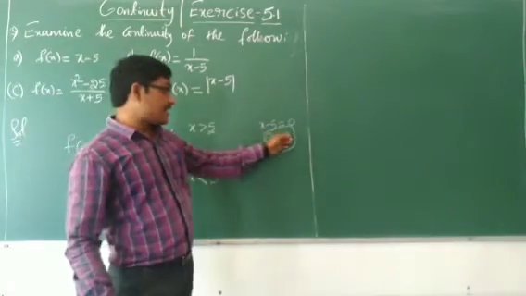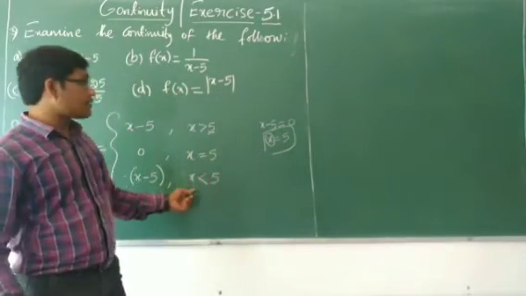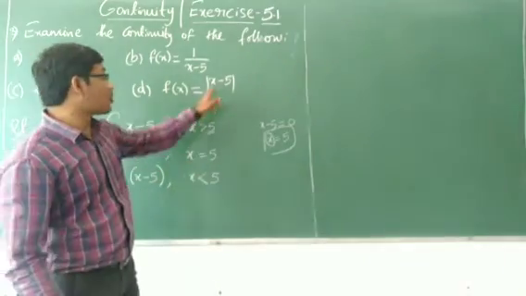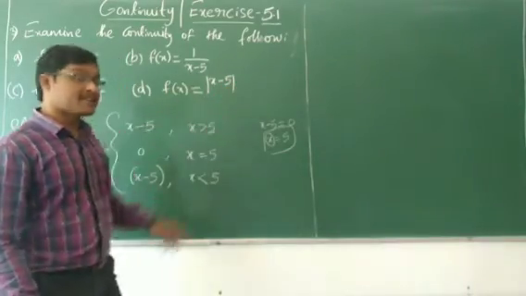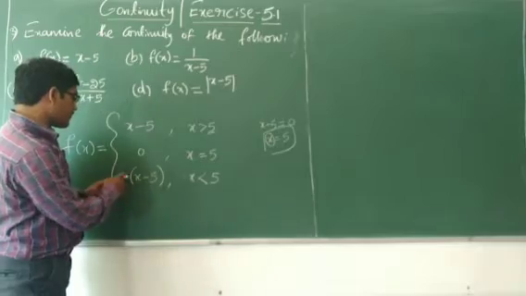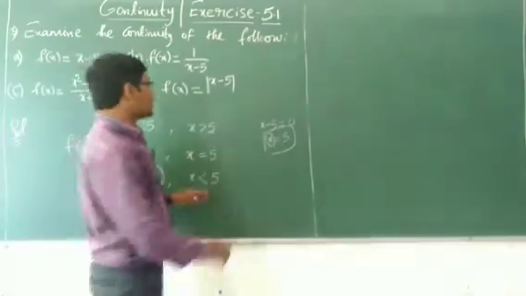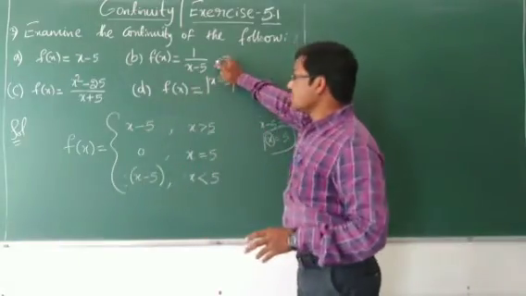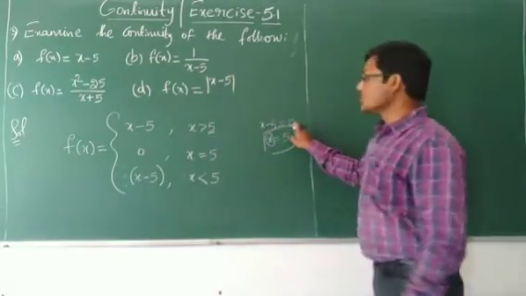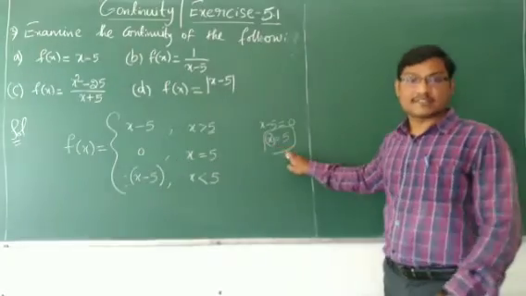If I take anything less than 5, suppose I take 4 minus 5, that is minus 1, so this value will be minus 1, and minus of minus 1 will become plus. So what we need to do is first take the inside function equal to 0. Then you will get some x value.